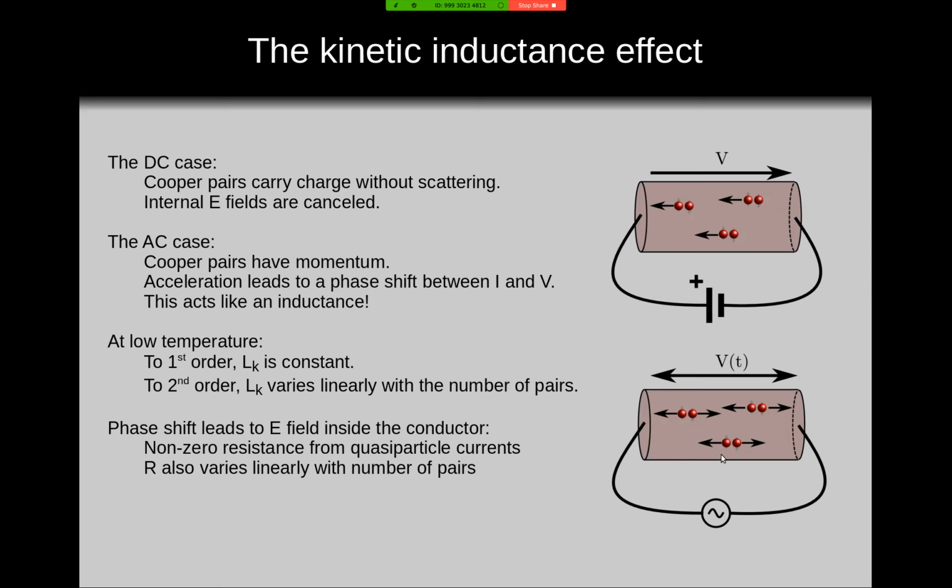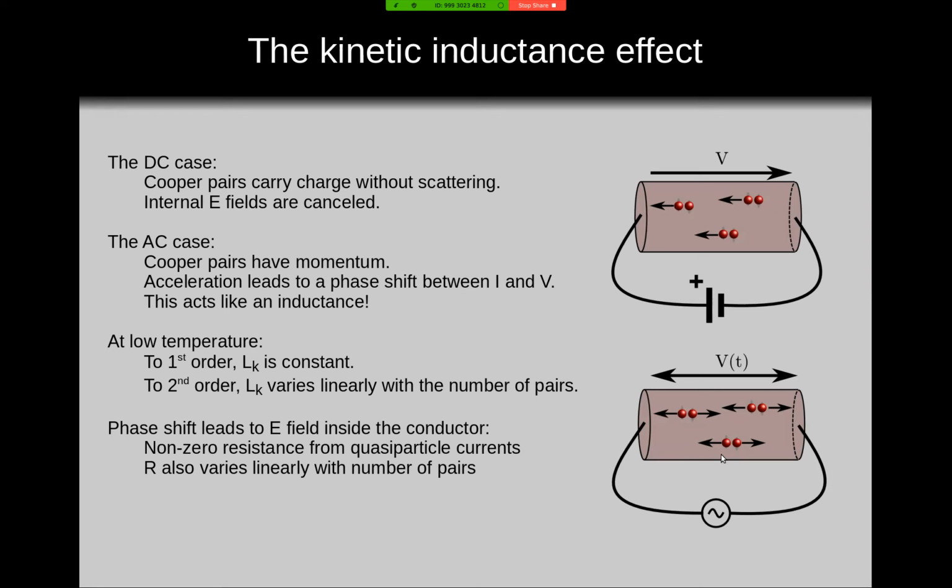And so when a piece of metal goes superconducting, the DC current travels with no obstructions, and basically you have zero resistance. But the electrons that make up the DC current, Cooper pairs in this case, still have momentum.